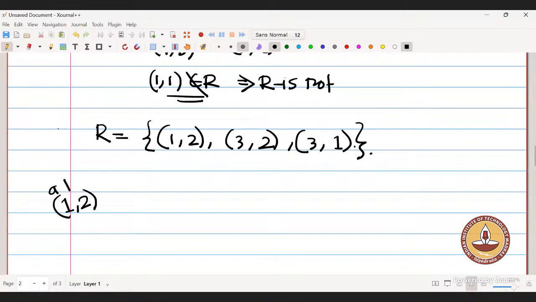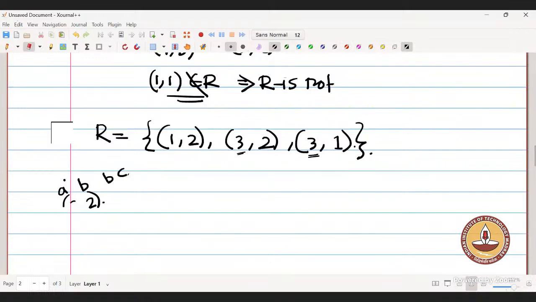If you think of this as (A,B), then you have to find some (B,C), right? There is no (B,C) here for this (1,2), because there is no such ordered pair which starts with 2, right? Because this starts with 3, and this starts with again 3. So I don't have to check anything for this ordered pair. Next you pick (3,2). Again the same logic: if I think of this as my (A,B), then there is no ordered pair of the form (B,C), right?